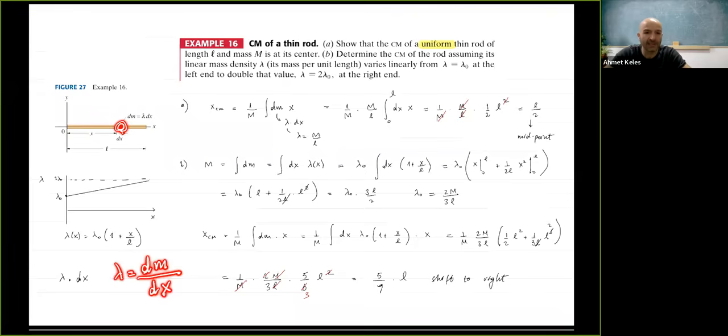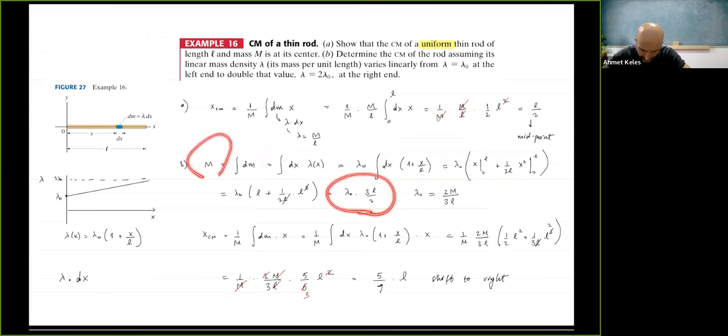And it may or may not be the same everywhere, right? For example, in the second part, it's increasing linearly. So we found lambda from the total mass. We said the total mass is equal to m, and we said integrate over all dm's, then this should be total m. And I set up the integral here, and I found something like this. So m was equal to lambda 0 times 3L over 2, and I solved it for lambda 0, so it was 2m over 3L.